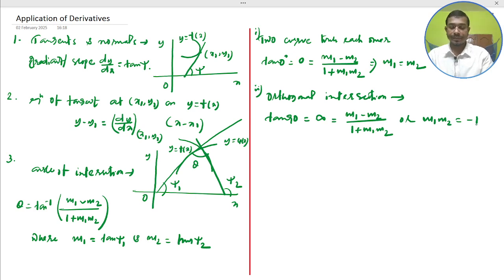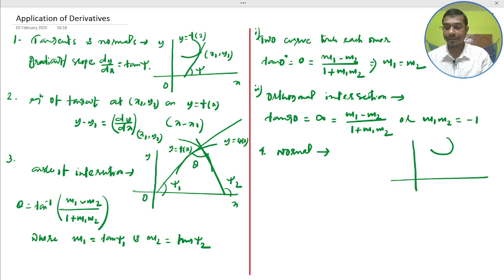Next, the normal. Normal means: this is a curve y equal to f(x). This is a tangent at this point P. This is a curve AB. At the point P, this is the tangent, I write T, and perpendicular to the tangent, this is the normal.